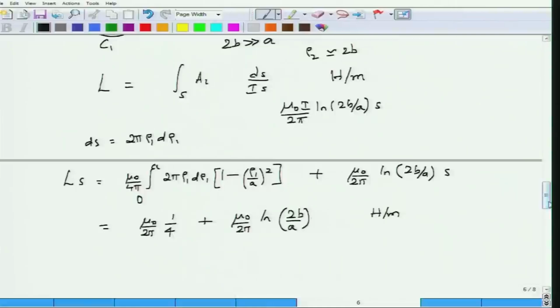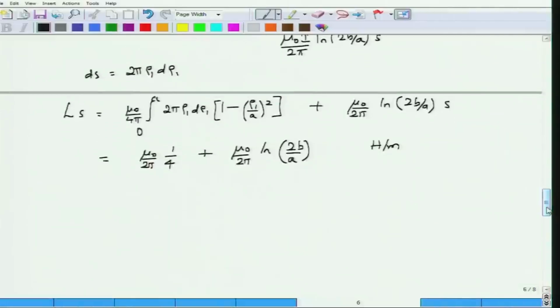This is the inductance of this parallel 2 wire line with finite cross sectional areas. So, there are two terms, one term because of the internal A field and the other term because of the external field. And in the 2 wire line that we actually calculated, we took 2b equal to d, and then this is essentially the expression that we obtained, right.